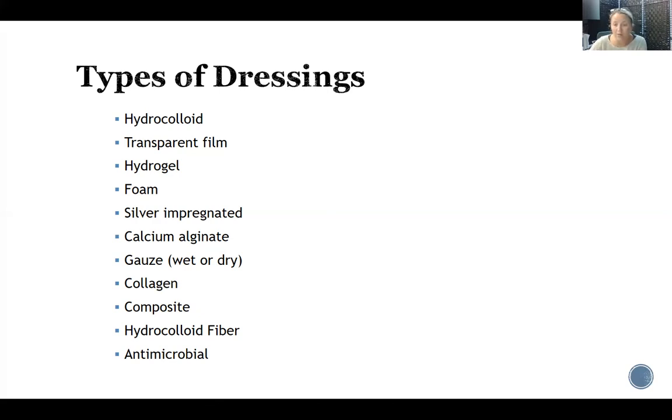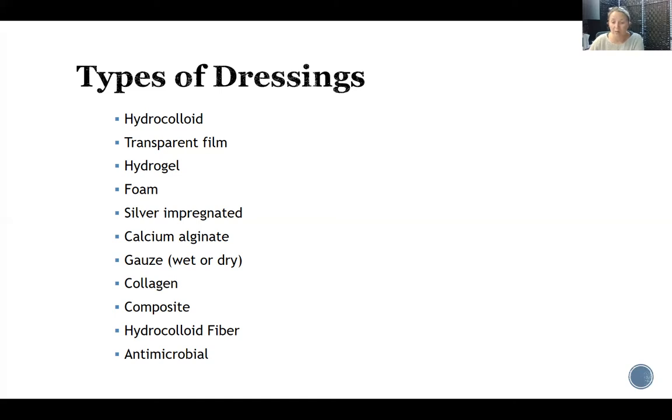Gauze may be used wet or dry. They don't really barrier against bacteria, but they can help pull out unhealthy tissue and pull out bacteria if done appropriately as a wet-to-dry dressing. Collagen is typically used for chronic wounds. It helps to stimulate new cell growth. Composites is when you see two types of dressings put together.